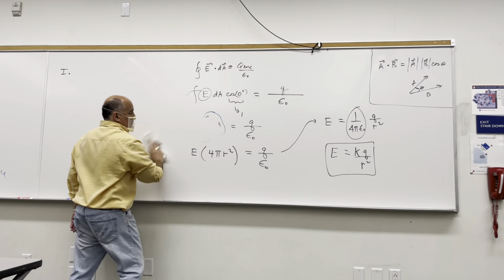Any R less than A is inside, and any value of R greater than A, than the radius of this given metal, is outside.